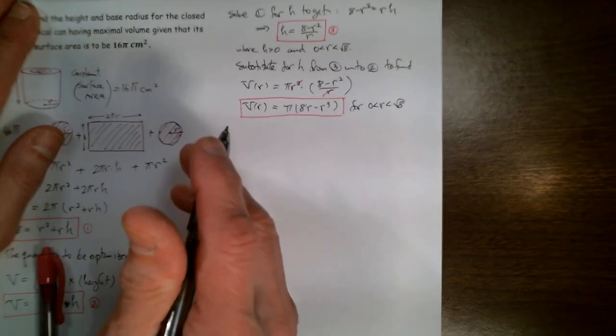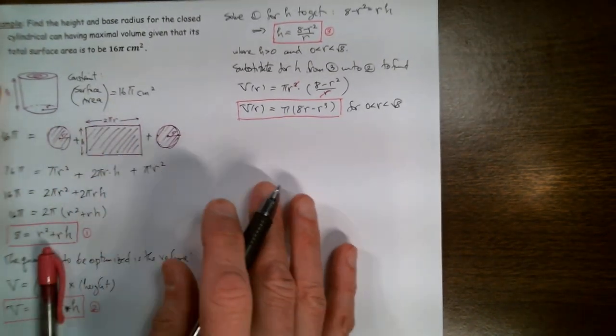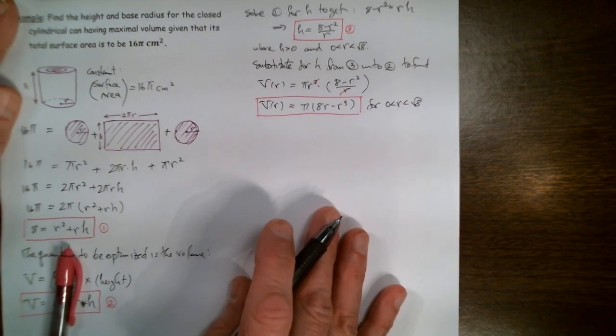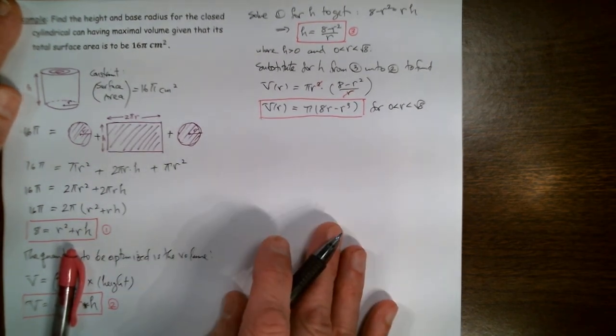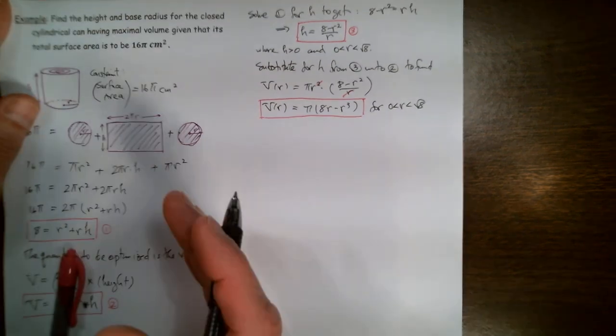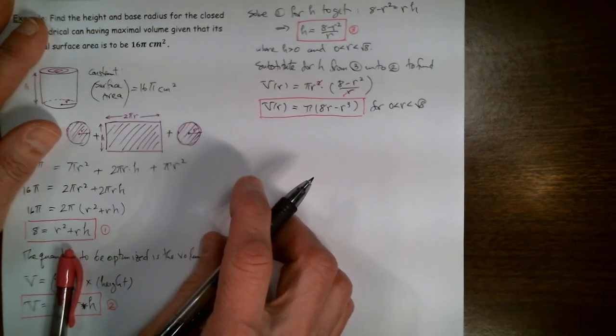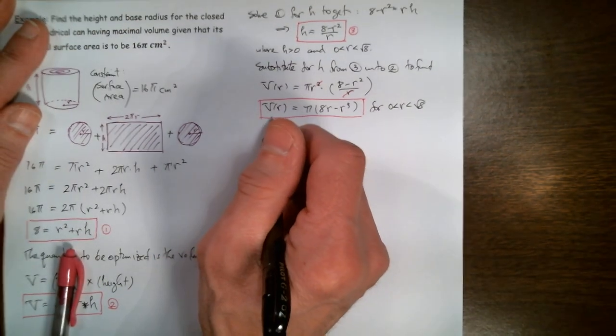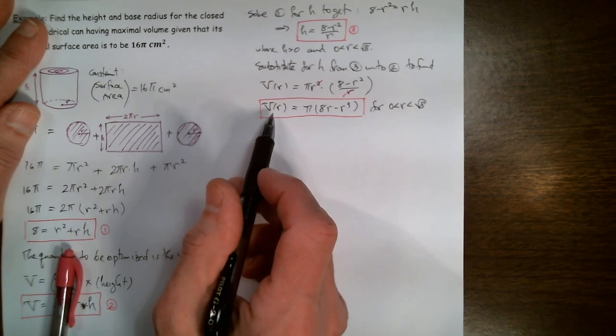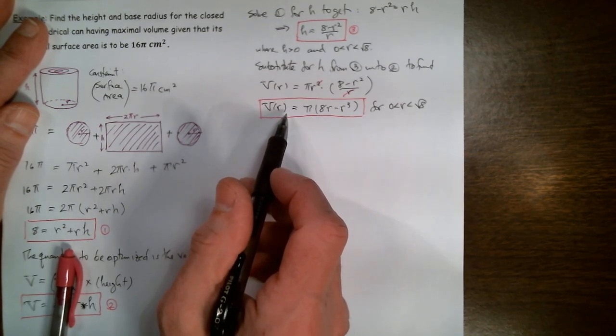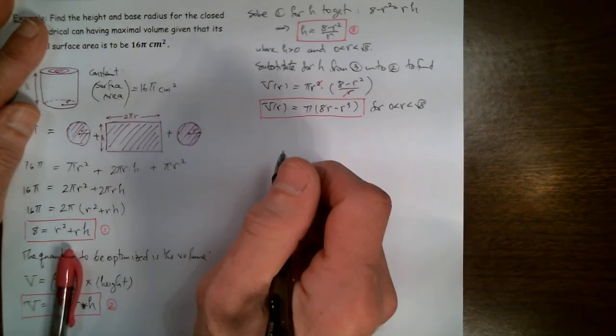So now this was the hard part of the problem, essentially setting up the problem, and now we just have to use our calculus, right? So the thing is to find where the derivative of volume is 0, to find that critical number.